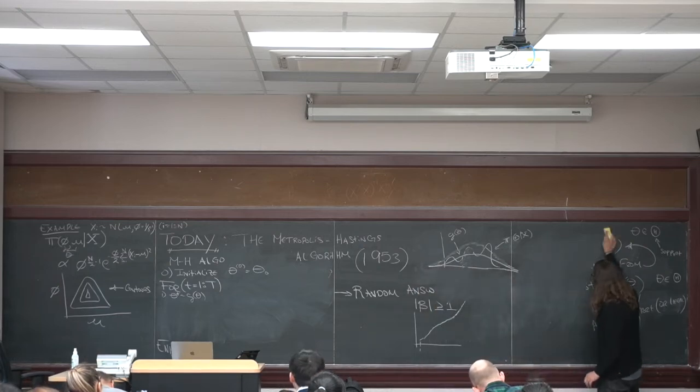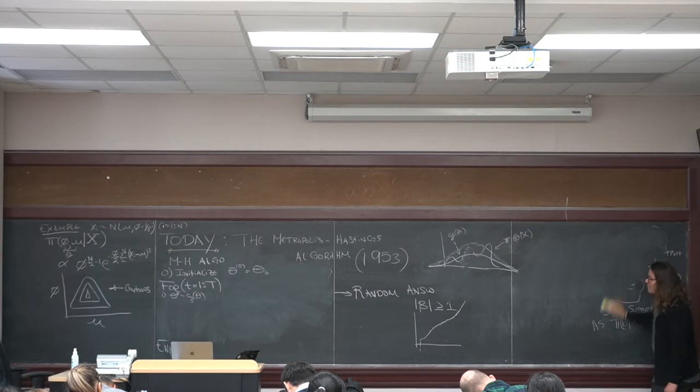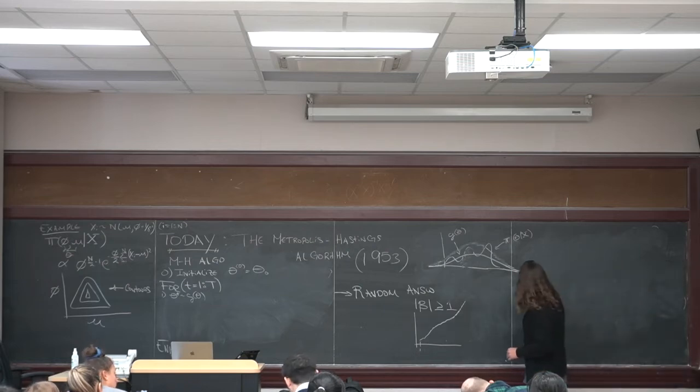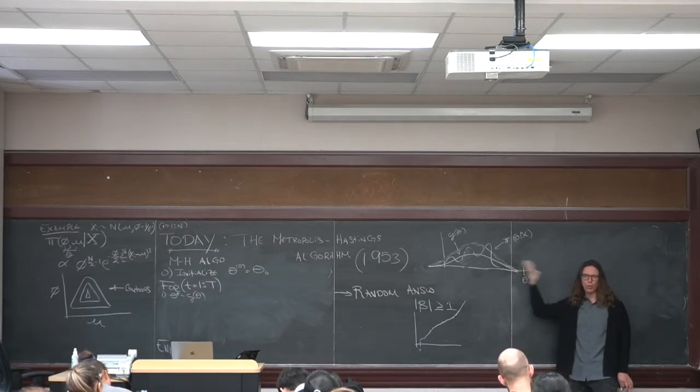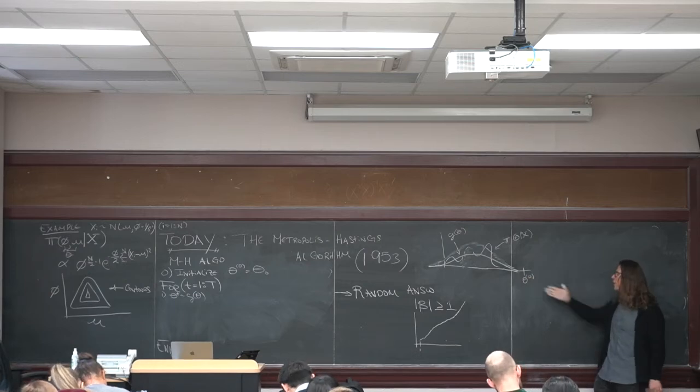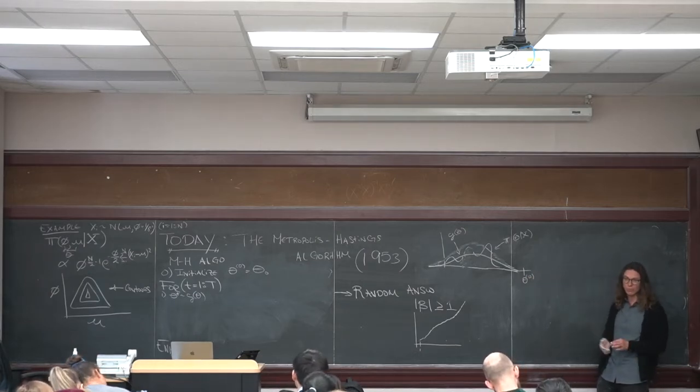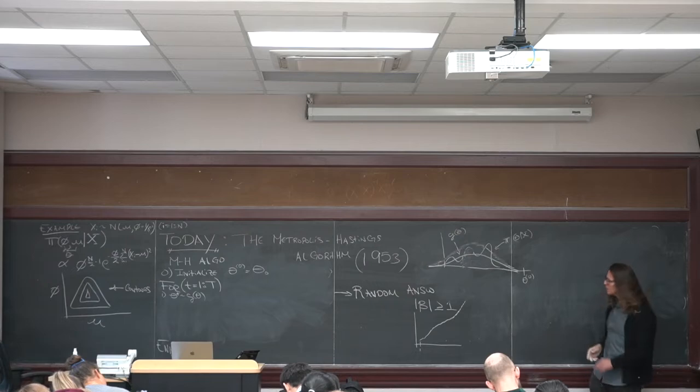It would be nice if we knew where the massy part of pi is, but in general we don't. And in a high dimensional space, you really don't know. So we might start over here, theta 0. That's going to be our first value. I just picked it. I don't know where the mass is. It's probably off into the tail of the distribution somewhere. Might be way down here.